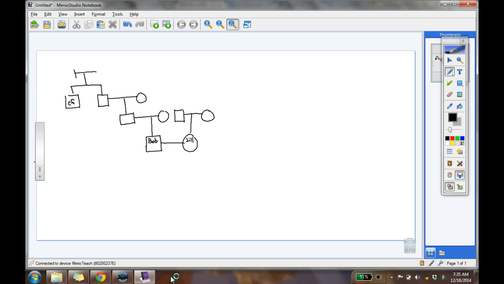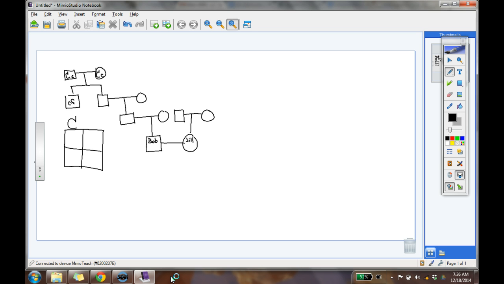So, what we can tell about Bob's great grandparents is that they were both carriers for cystic fibrosis. If they're both carriers, that is how their child could have possibly gotten CF.